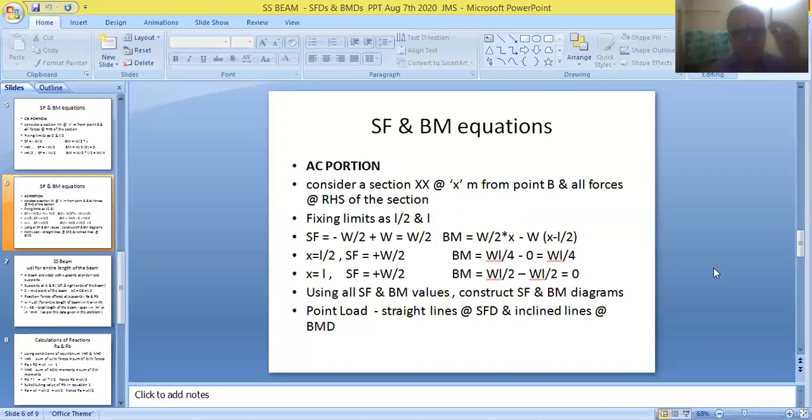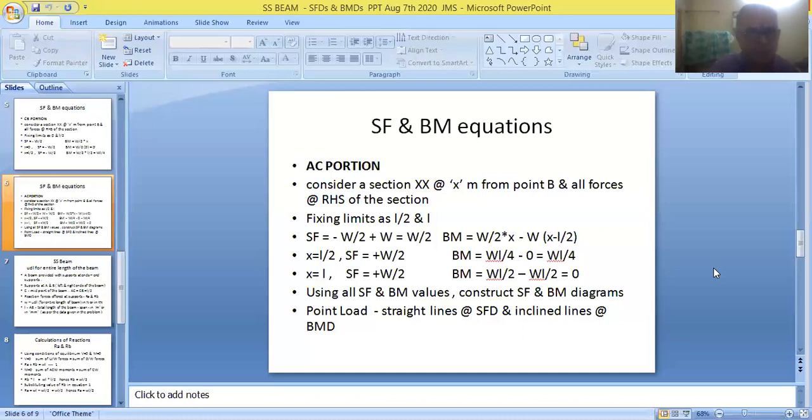Now if you consider section XX at a portion AC, friends, one force, reaction force RB, is acting in the upward direction, and the point load is acting in the downward direction. Therefore, a minus symbol is given for upward force and a plus symbol is allotted for downward force.